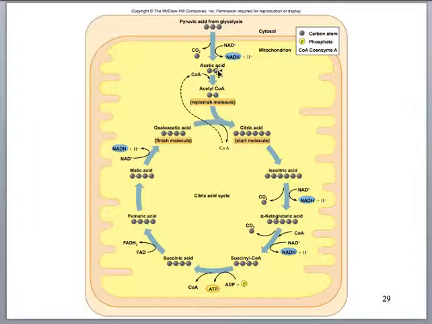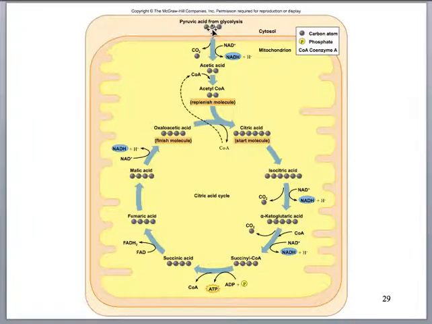So in order to start the citric acid cycle, we have to take that pyruvic acid from glycolysis and shuttle it into the inner matrix of the mitochondria. We have to convert the pyruvic acid into acetyl-CoA. In this transformation, going from pyruvic acid to acetyl-CoA, we split off a CO2 molecule.